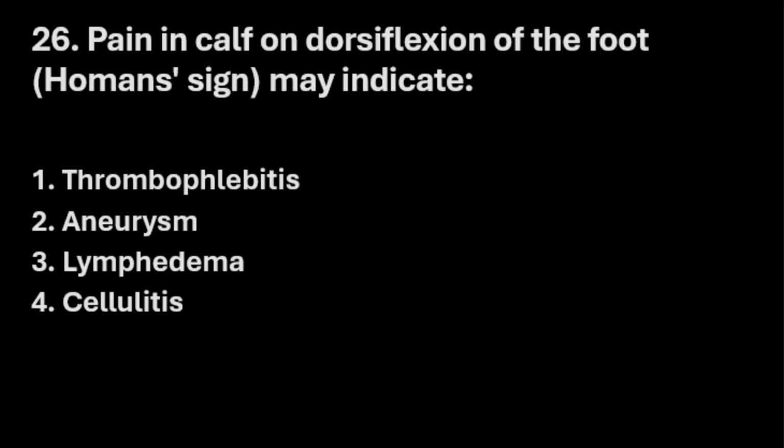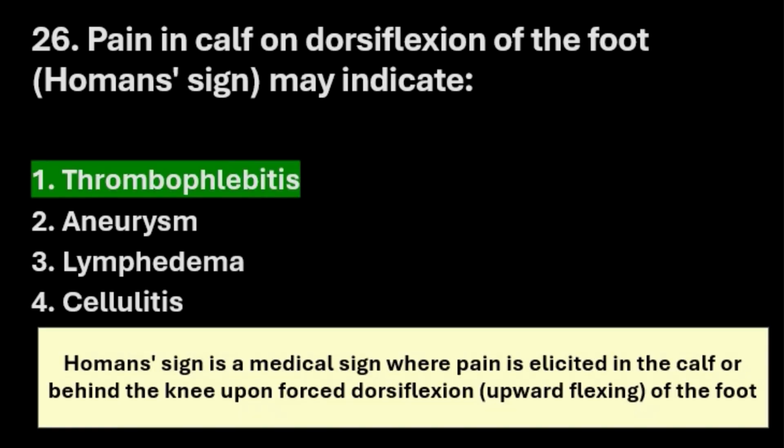First question. Pain in calf on dorsiflexion of the foot may indicate: option 1 thrombophlebitis, option 2 aneurysm, option 3 lymphedema, and option 4 cellulitis. The right answer is option 1 thrombophlebitis.